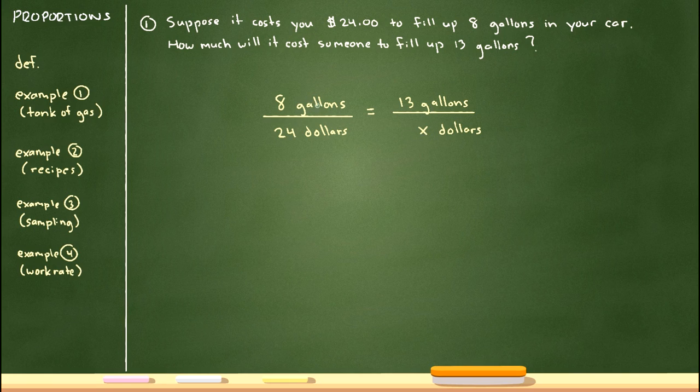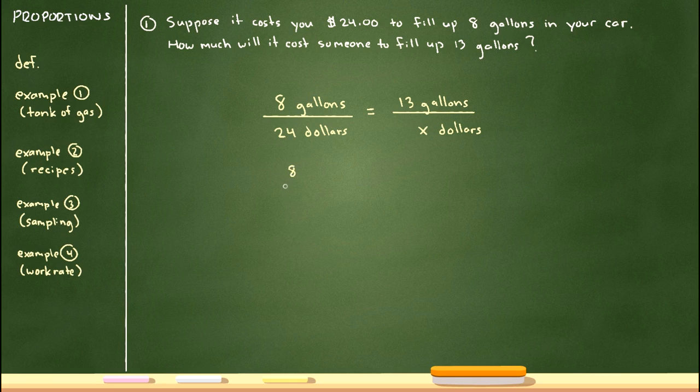So I'm comparing gallons to dollars here. And if I set up my ratio like this over on the left side, I have to do the same thing over here, comparing gallons to dollars. Now there's going to be more than one way to correctly set up this problem, but let's go ahead and see if we could solve for X in this case. So let me drop my units here.